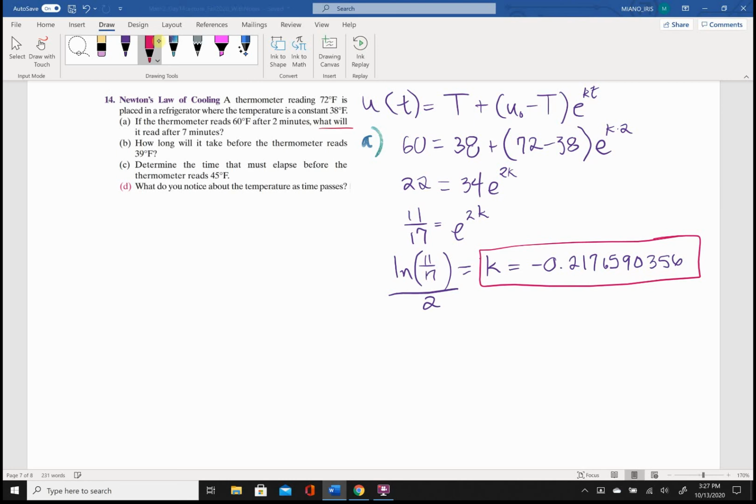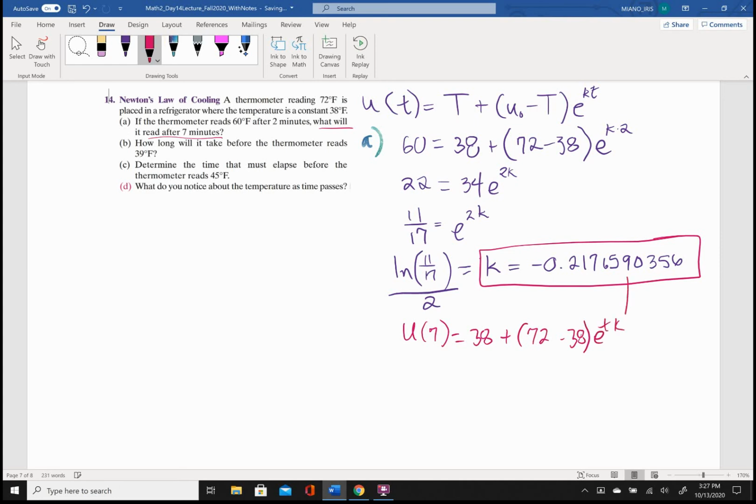What we wanted to find was what it will read after 7 minutes. So now we have to go back to the original function for part A, and directly under here we're trying to find u of 7, and that's going to be 38 plus 72 minus 38 times e to the t times k.